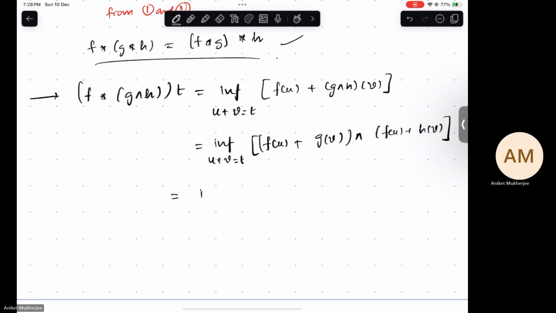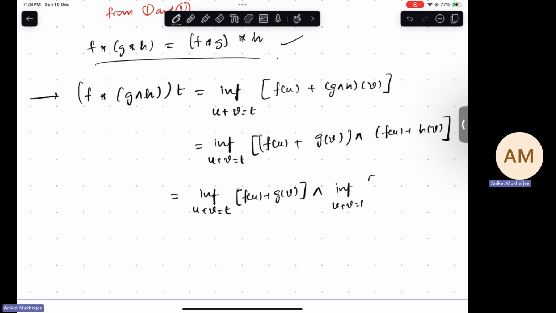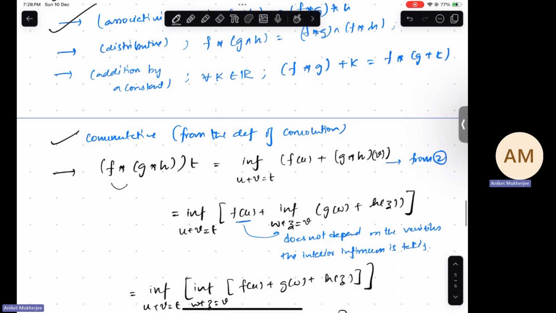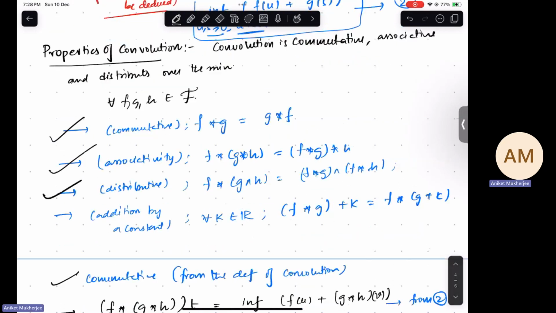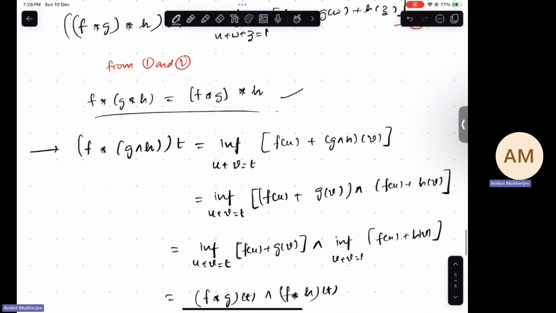Now we can separate this as the infimum over u plus v equal to t of f of u plus g of v, minimum the infimum over u plus v equal to t of f of u plus h of v. This is basically f convolution g at t, minimum f convolution h at t. So this also is proved, distributivity.